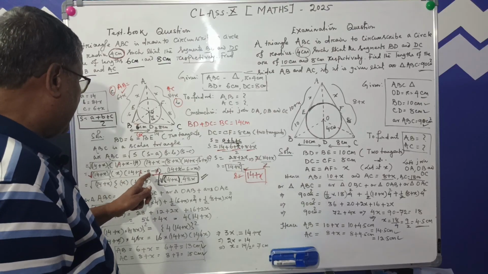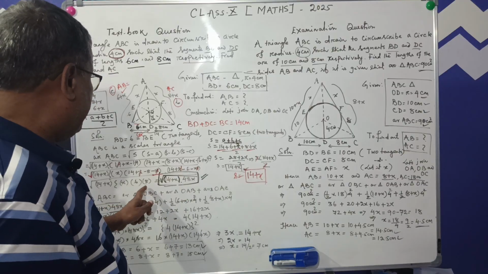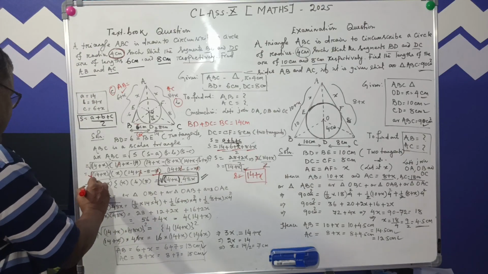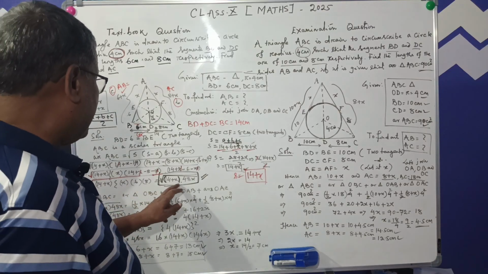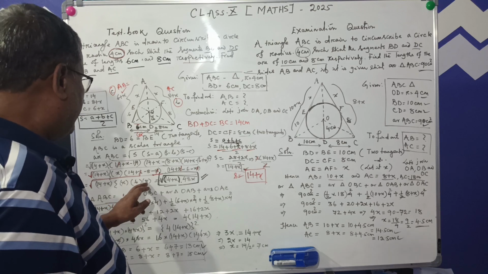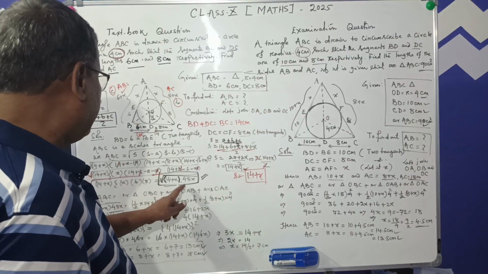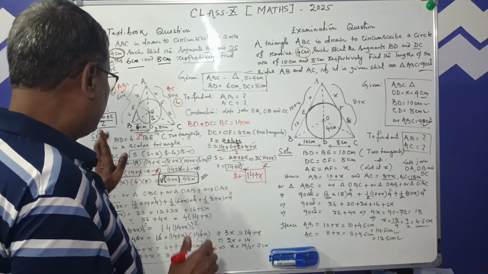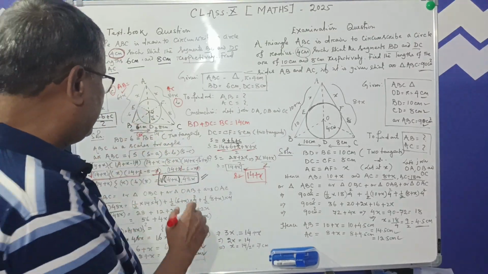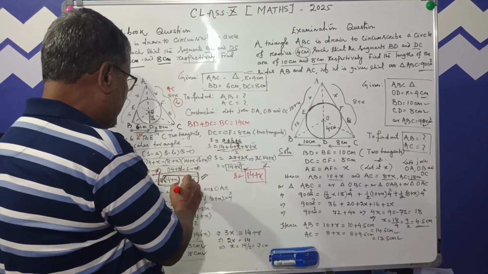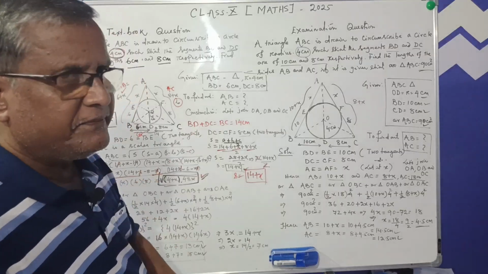So 14 minus 8 is 6, and 14 minus 6 is 8. Now we get the whole root of 14 plus x into 6 into 8 into x, 6 into 8 is 48. So the area of the scalene triangle ABC is root of 14 plus x into 48x. Actually, don't multiply it, you keep it.